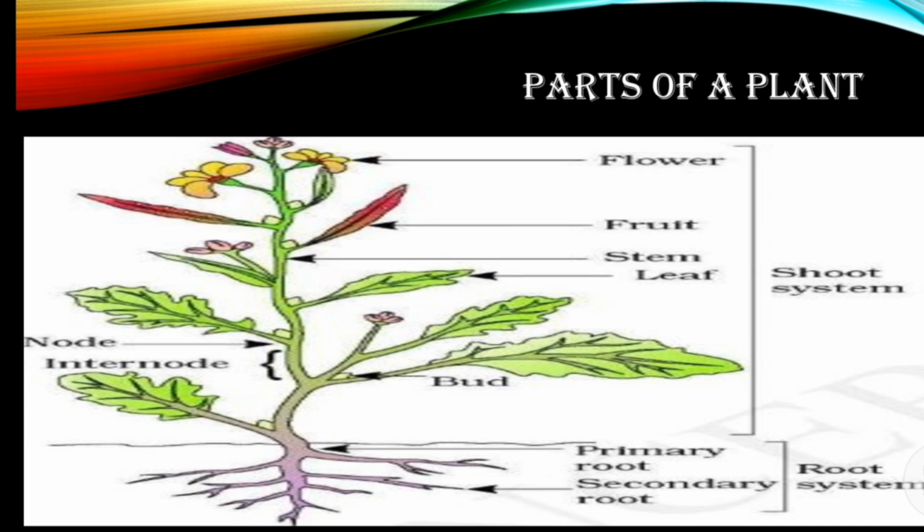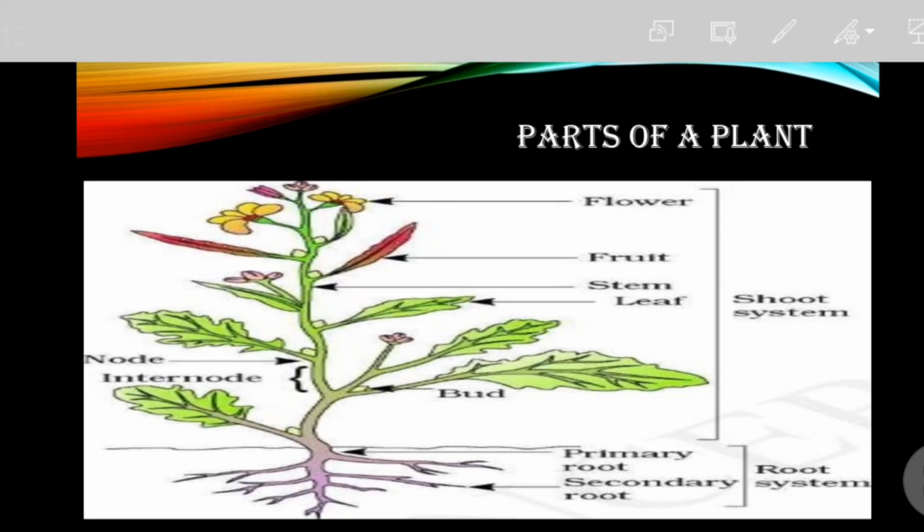So in this way, different plant parts are edible as well as they have different functions. So first of all, we should know different parts of a plant. In this slide, you are seeing a plant and its parts.